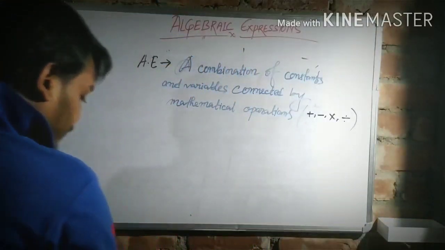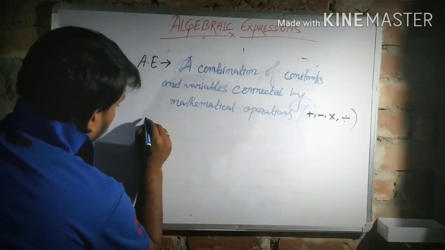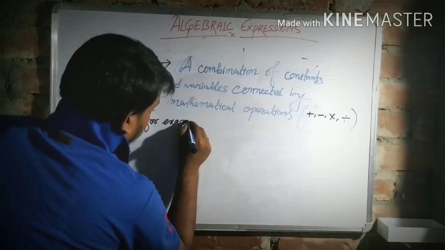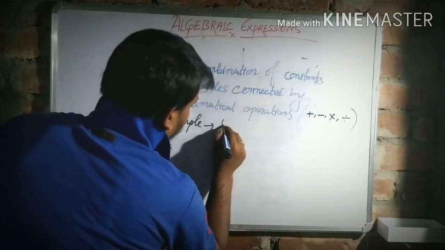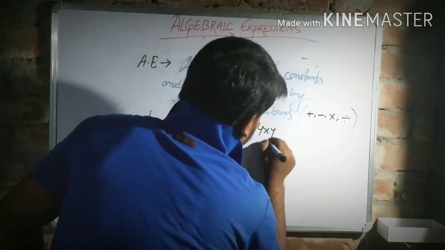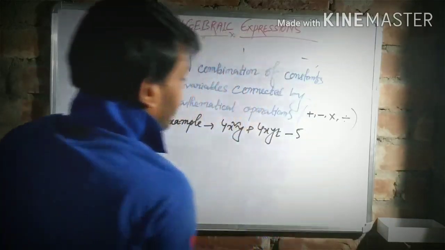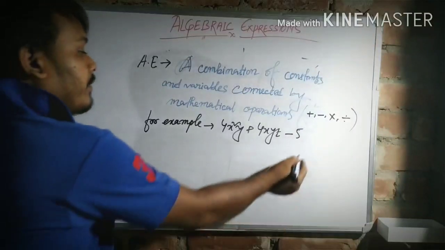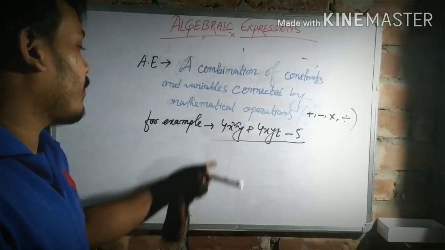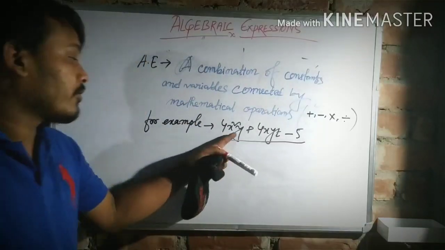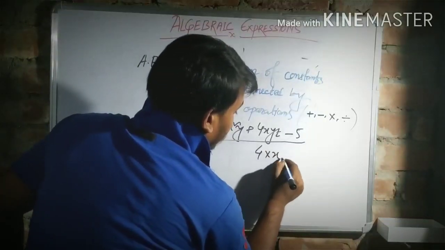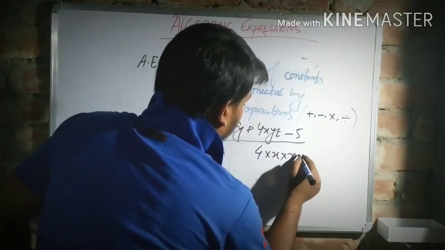For example, an algebraic expression is 4x square y plus 4xyz minus 5. So 4x square y is the combination of 4 into x square into y.